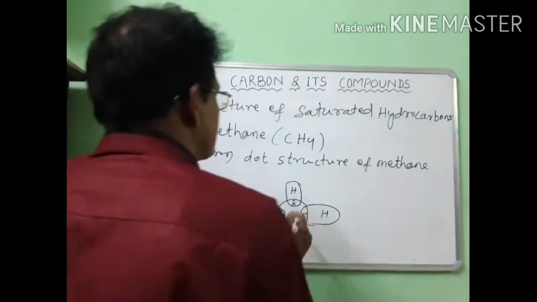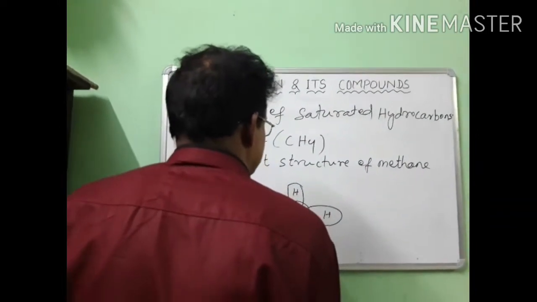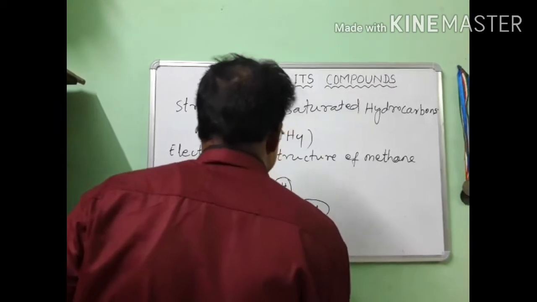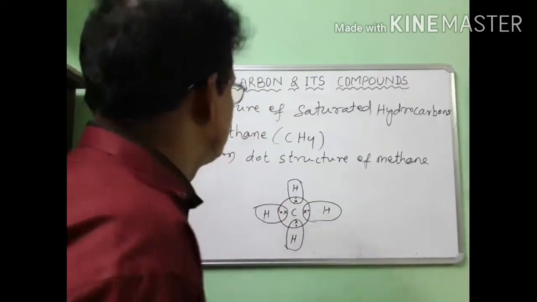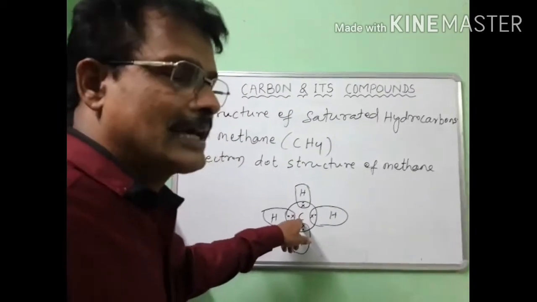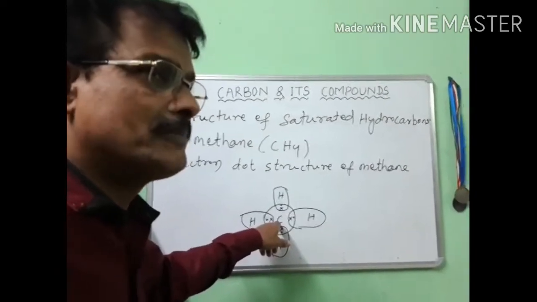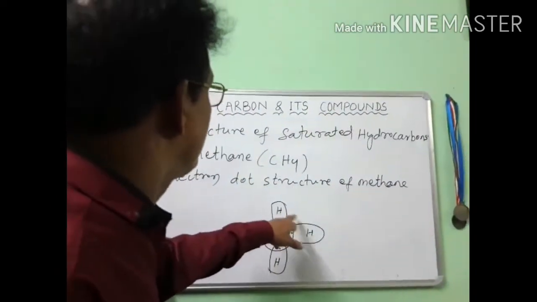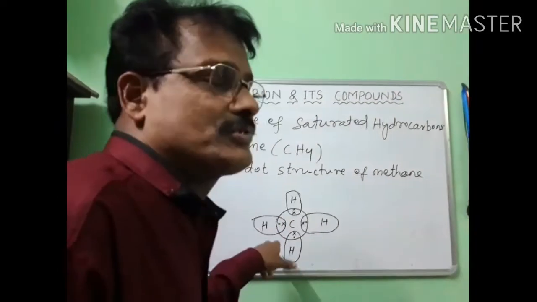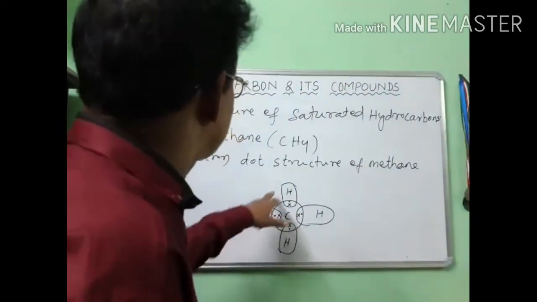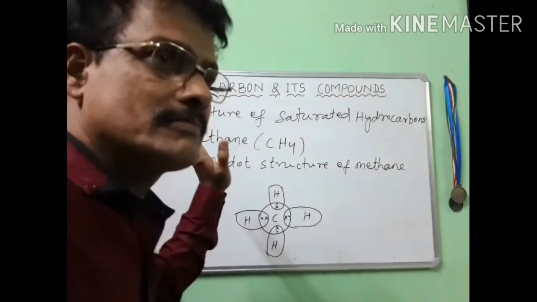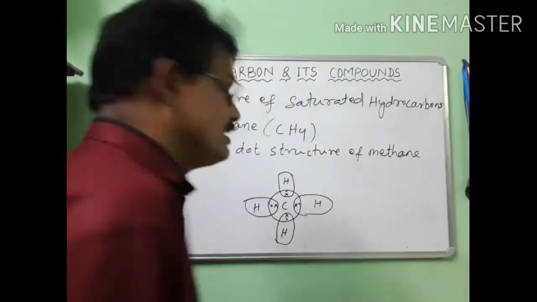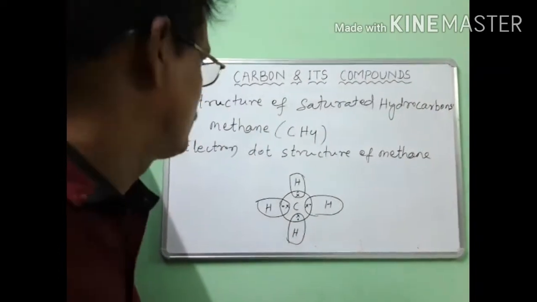Here you see 1, 2, 3, 4, 5, 6, 7, 8. So carbon becomes inert, and the four hydrogen atoms also become inert. Clear? So this is the electron dot structure of methane.